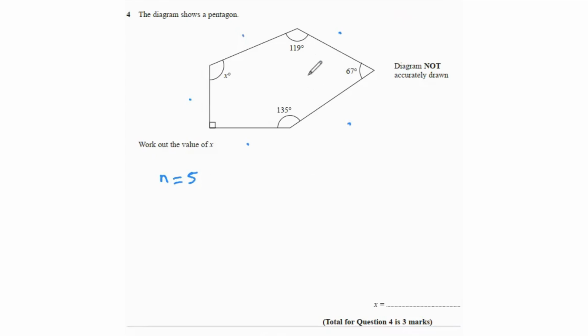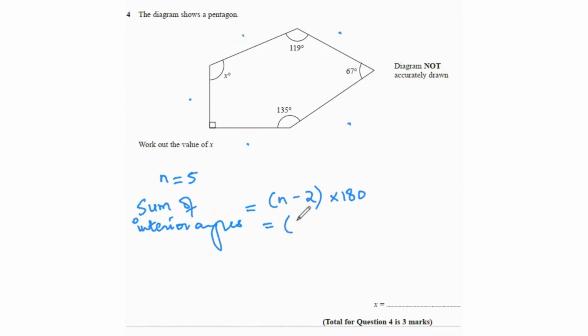For this, first, we need to find the sum of interior angles. For sum of interior angles, we will do n minus 2 times 180. N is 5, so 5 minus 2 times 180, and that's going to give us 540 degrees.